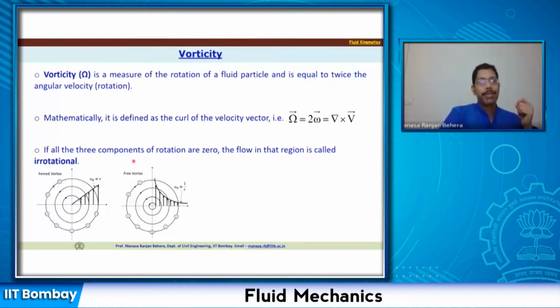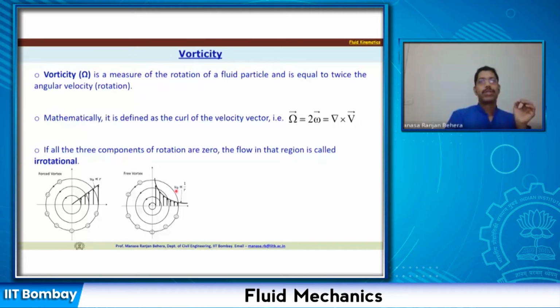Whereas in case of a free vortex, the particles are irrotational, or they will not move about their mass center. In this case, the velocity is inversely proportional to the radial distance.